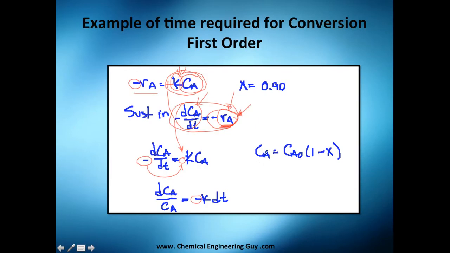Just remember that by definition the concentration of A at any moment or at any conversion is given by the multiplication of initial concentration of A, which is typically a data given, times 1 minus x, x being the conversion, and x is generally between 0 and 1.